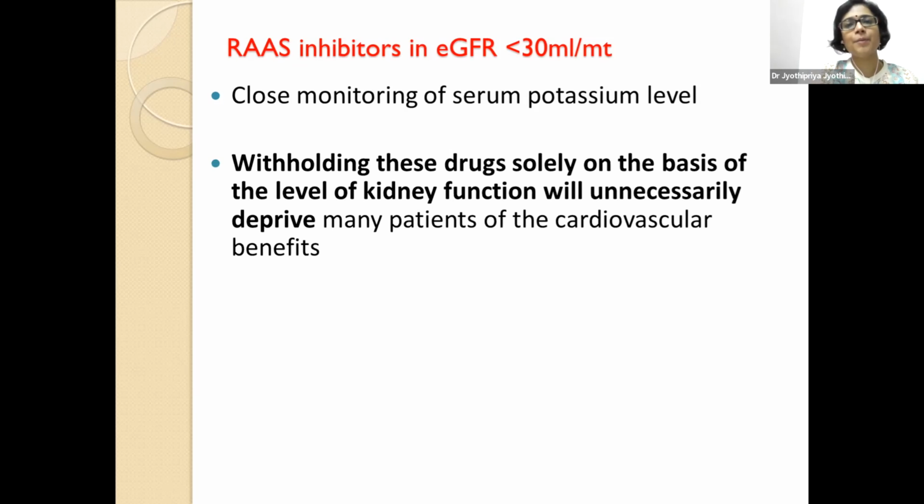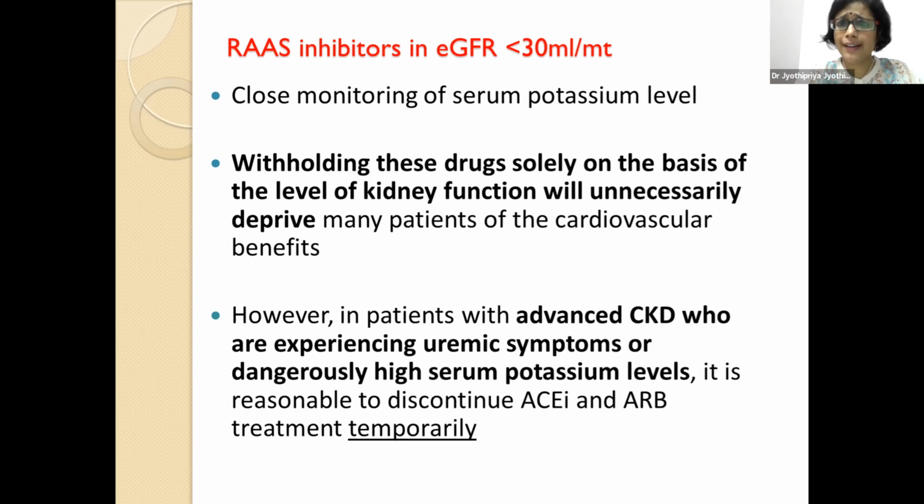Suppose a patient comes after 1 year and you put them on ARBs, then it is like creating unnecessary damage. So basically, if the patient is under your regular follow-up and close monitoring of potassium is possible, then we can continue this, because we don't have to compromise the antiproteinuric effect as well as the cardiovascular protection just because the renal function has shown a decline.